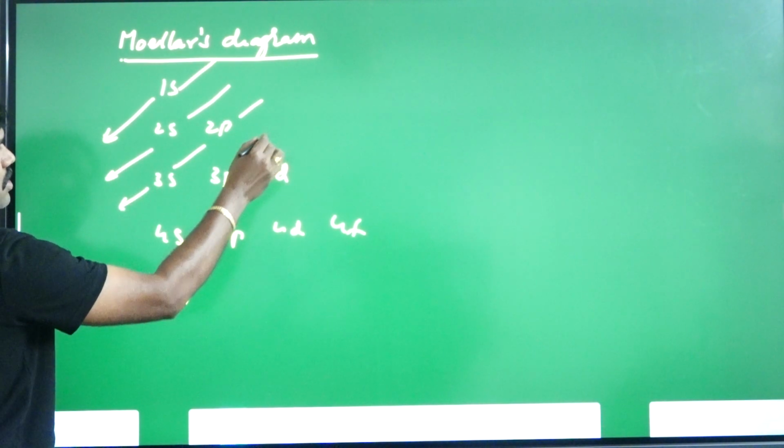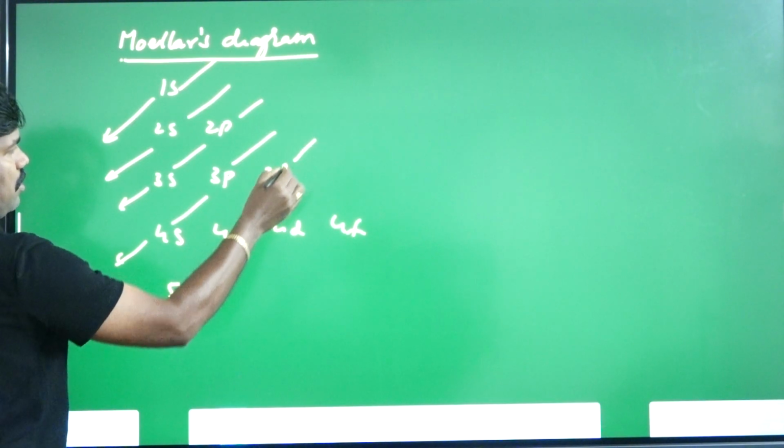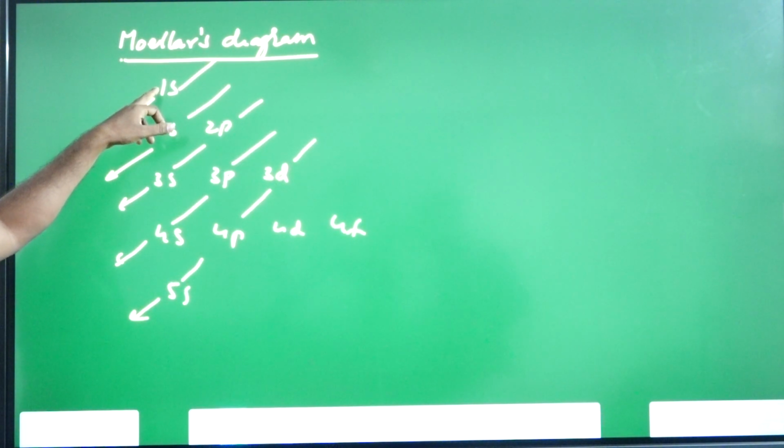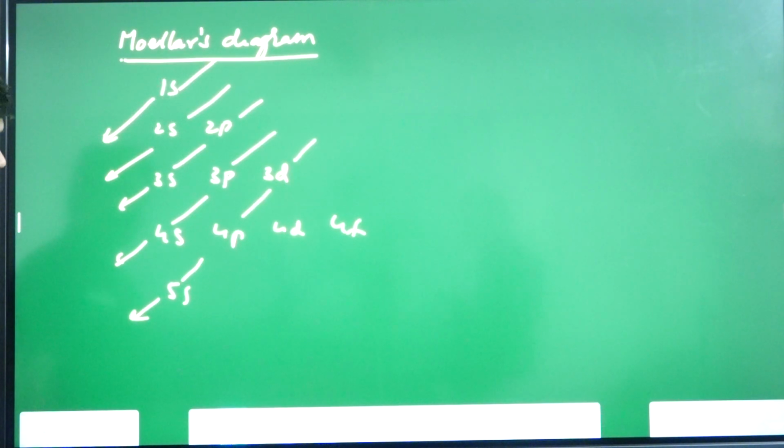So we have to draw slanting lines. The slanting line first enters into 1s orbital.